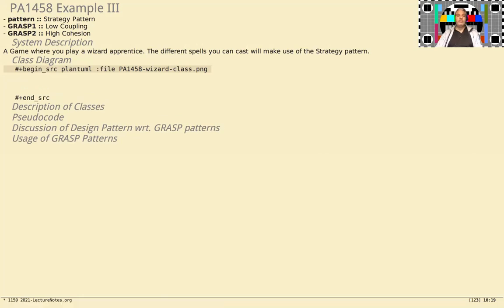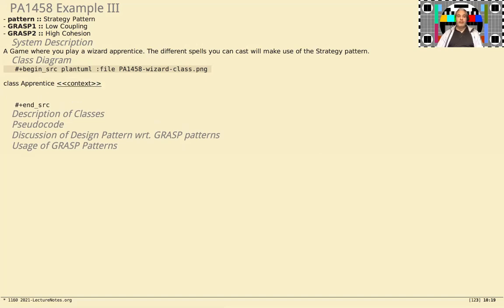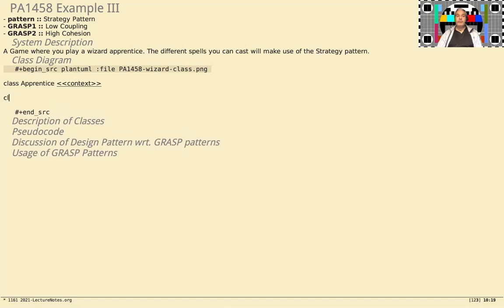So that'll be the wizard's apprentice. And then we will have the strategy itself, which will be one abstract class, the interface for the whole strategy pattern. So let's put that one down.